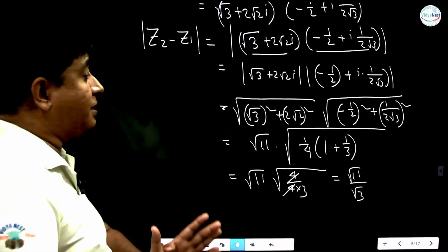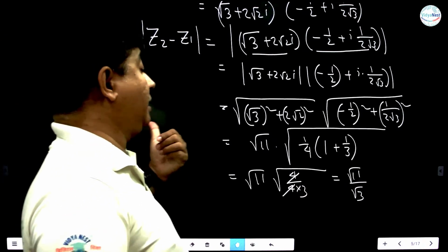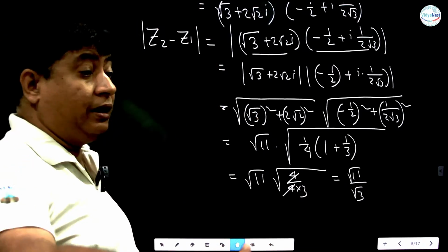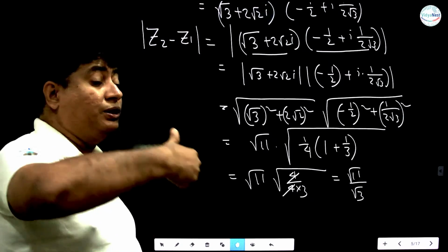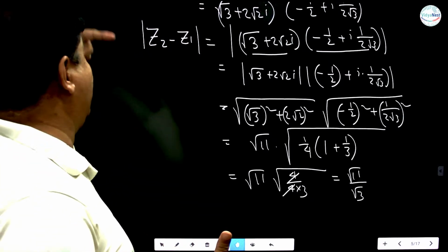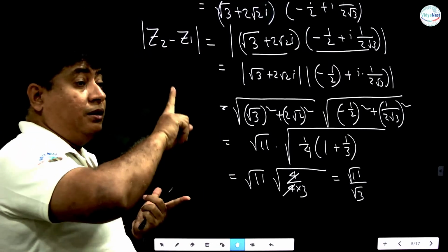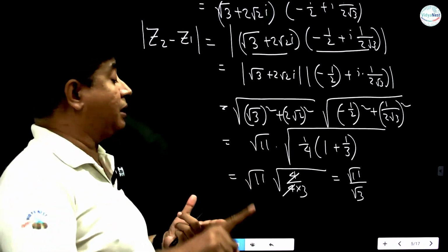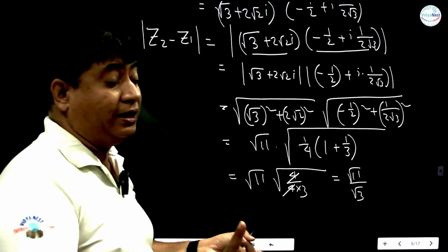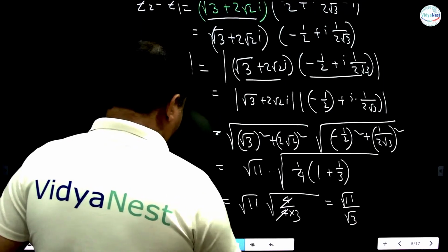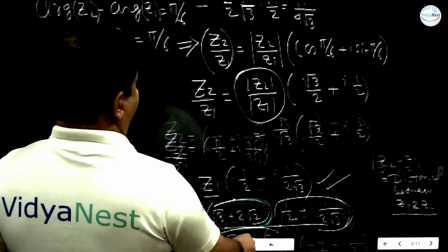So, third side we have got, and then you have to recall the formula and the question. Another side, mod z2, is also given, root 11 by 3. Two sides are equal. So, isosceles triangle.